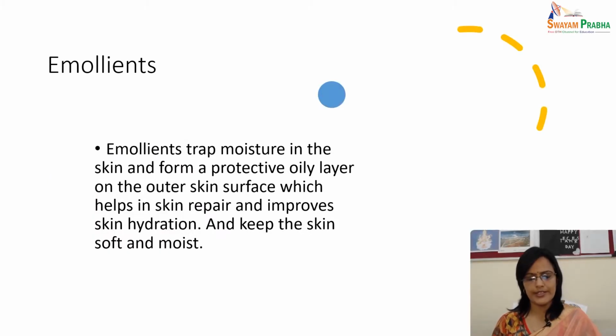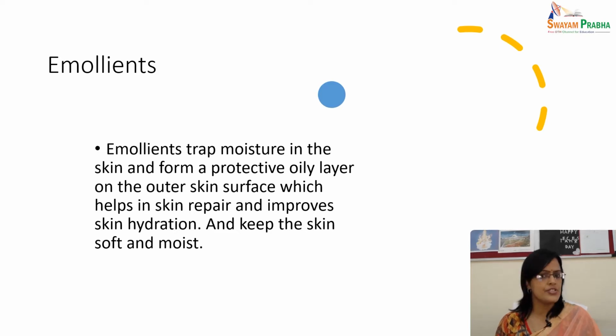So dear students, let us understand the emollients. What are emollients? Emollients trap moisture in the skin and form a protective oily layer on the outer skin, which helps in skin repair, improves skin hydration, and keeps skin soft and moist. As we know, emollient is derived from the Latin word mollire, which means to soften.